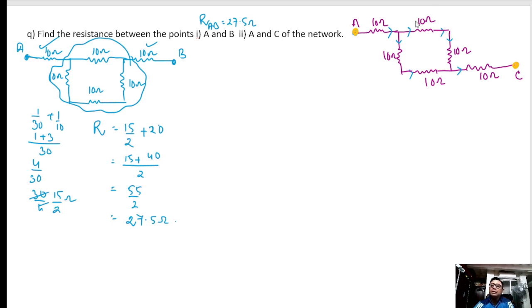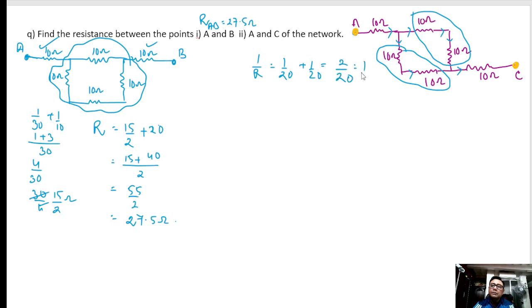That means this 20 ohms and this 20 ohms are in parallel. So what is the calculation? 1 by 20 plus 1 by 20, which is 2 by 20, which is 1 by 10. So this is 10 ohms.